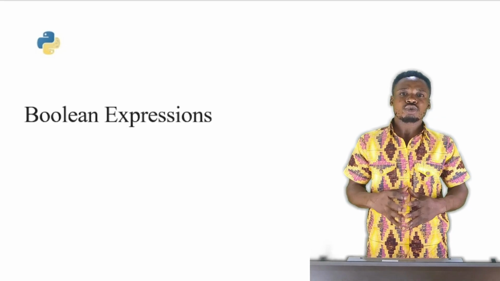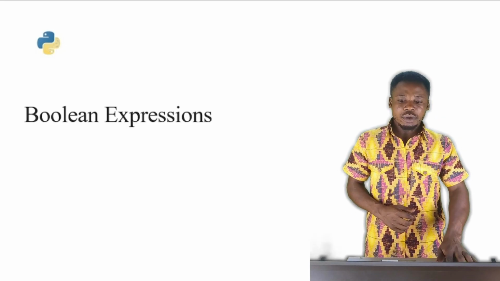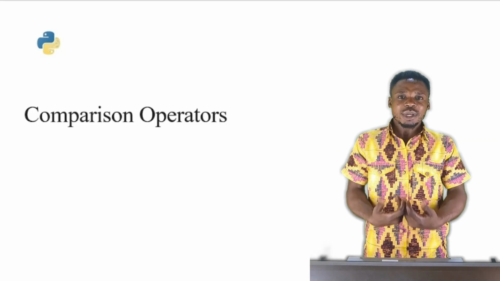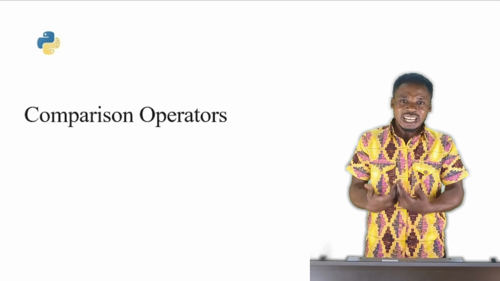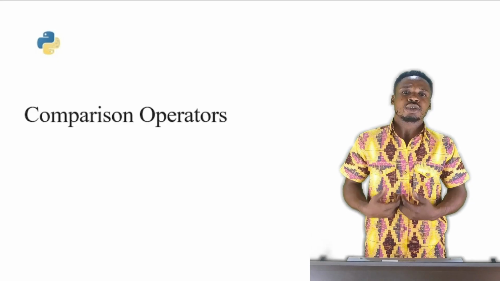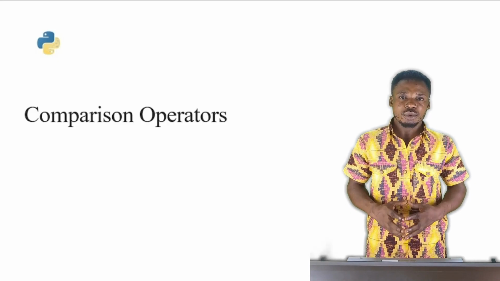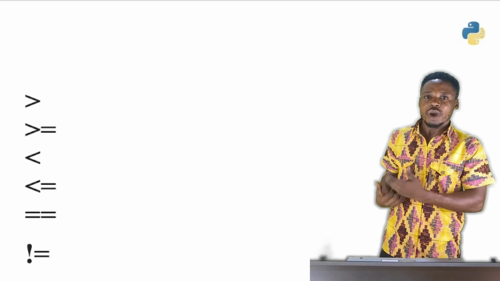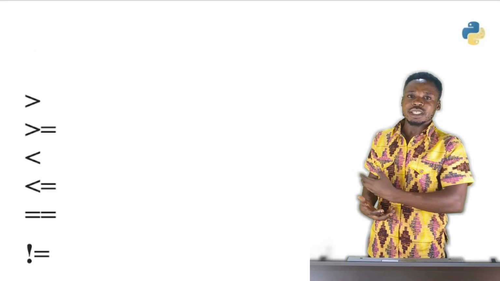In order to construct any Boolean expression, we make use of what are called comparison operators. Comparison operators permit us to compare values, compare expressions, or even compare variables. In mathematics, we are already aware of these comparison operators.